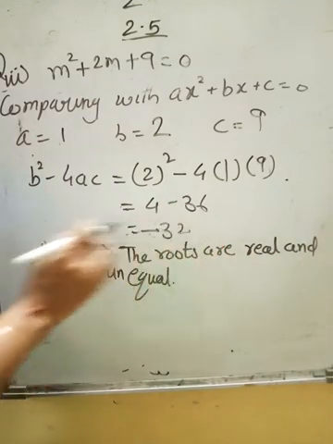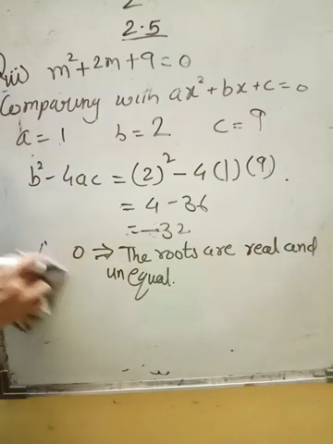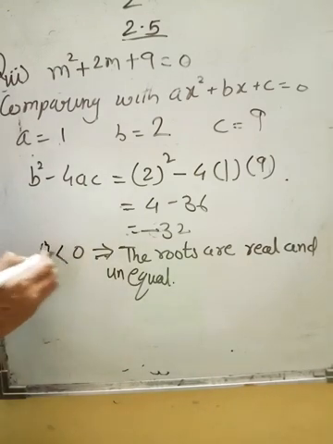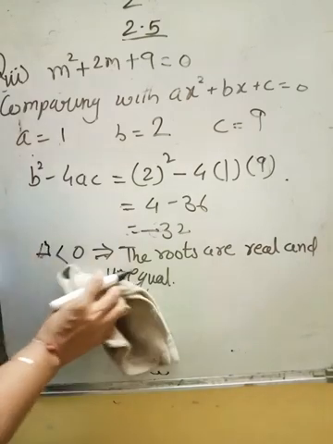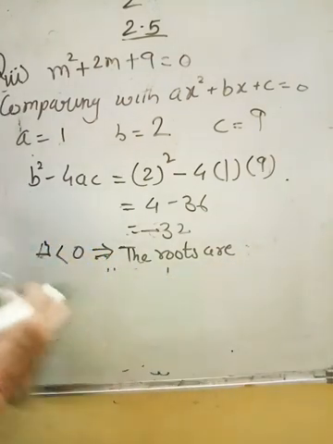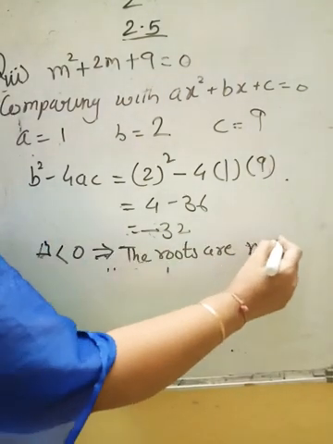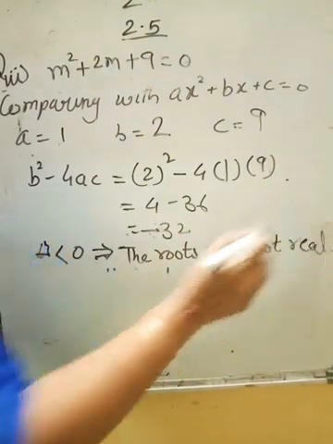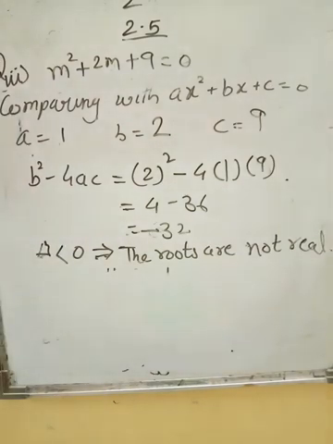Oh, minus sign. That means the discriminant is less than 0. Not real. Yes, the roots are not real. So again we got the 3 examples. In one the roots were real and equal, in one the roots were real and unequal, and in the third one the roots are not real.